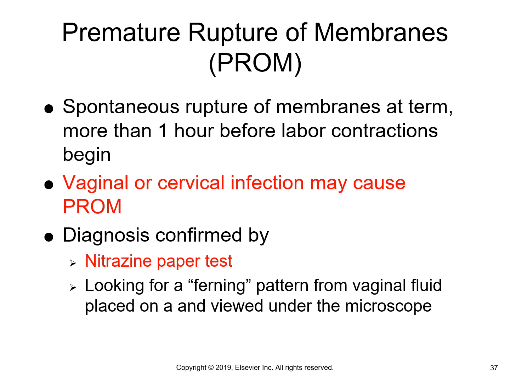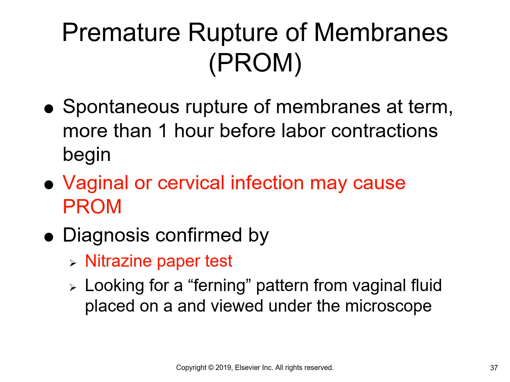All of those things usually happen in the stages of labor. With premature rupture of membranes, there's a rupture of the membranes before the labor contractions even begin. Okay, vaginal or cervical infection may cause your premature rupture of membrane. Infection may cause PROM.